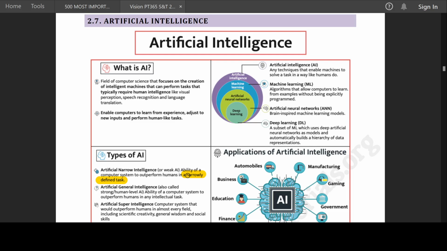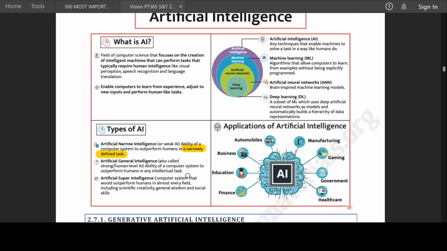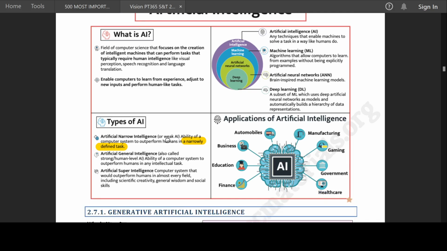Deep learning: a subset of machine learning which uses deep artificial neural networks as models and automatically builds a hierarchy of data representations. Types of AI: artificial narrow intelligence or weak AI, artificial general intelligence, also called strong or human-level AI, and artificial super intelligence.